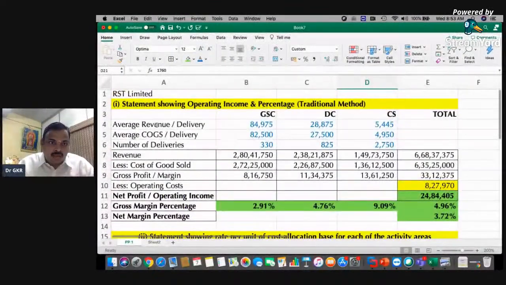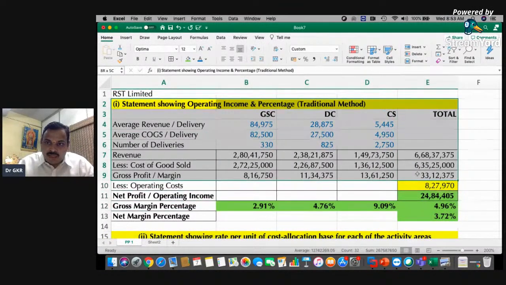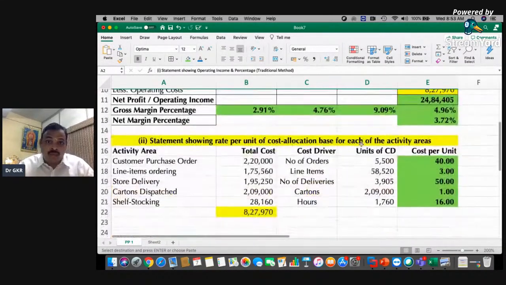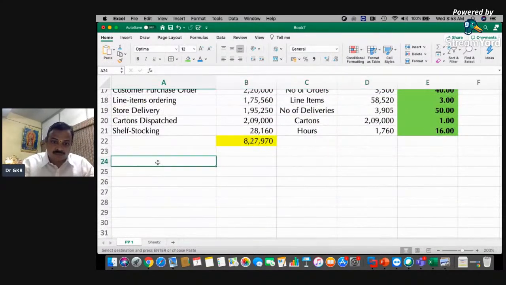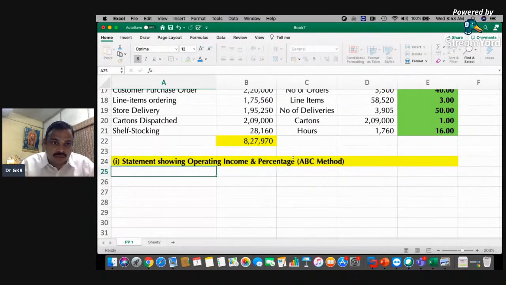So I think we'll go by the same model. But here I will be distributing this 8,27,970 for GSC, DC, and CS. Okay, good. So therefore, this is your statement showing operating income and percentage, not under the traditional method, now under the ABC method, activity-based costing.